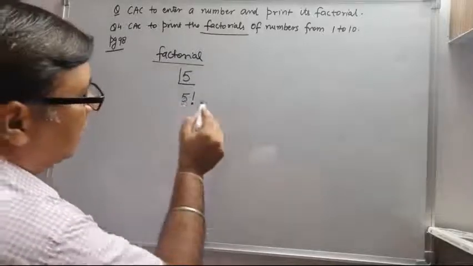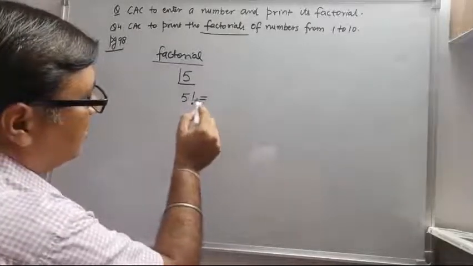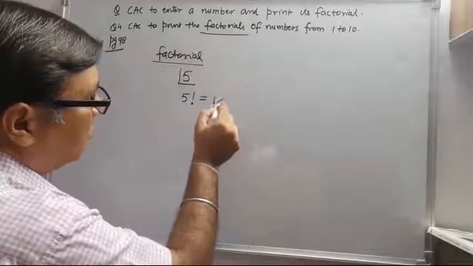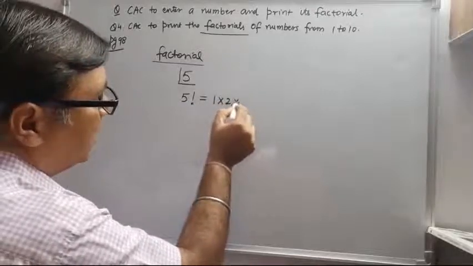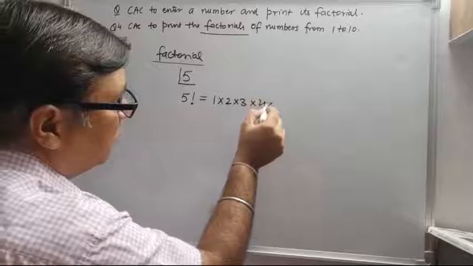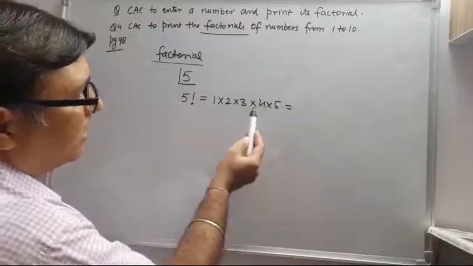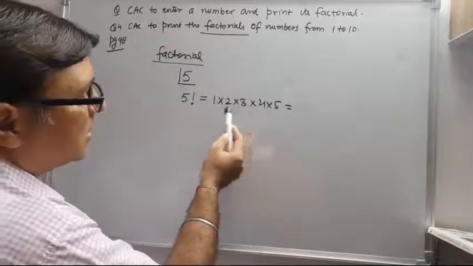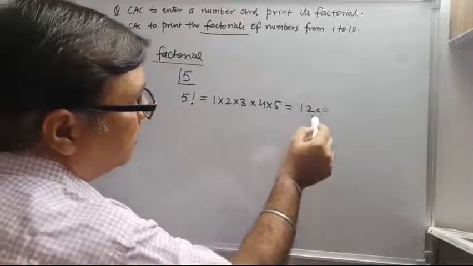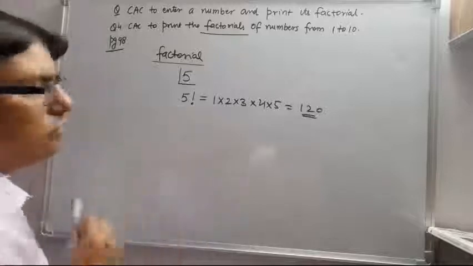So factorial of 5 is the multiplication of all the numbers from 1 to that number: 1 into 2 into 3 into 4 into 5. What is the multiplication of this? 5 4s are 20, 20 3s are 60, 60 2s are 120. So 120 is the factorial of 5.